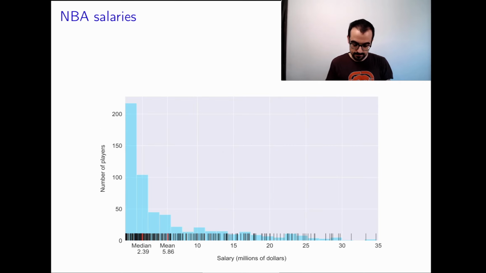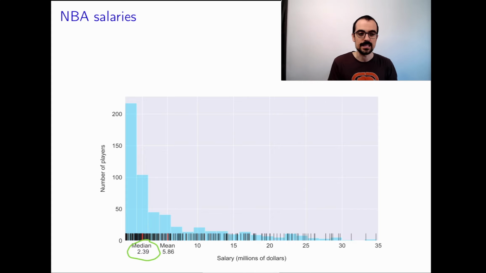And indeed, the median salary for the NBA players is 2.39 million, which is less than half of the mean, which is 5.86 million. Okay, so that's the take home here.